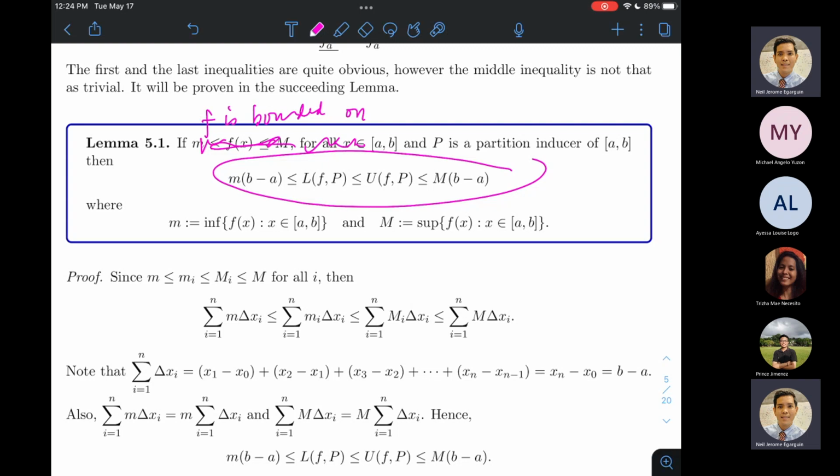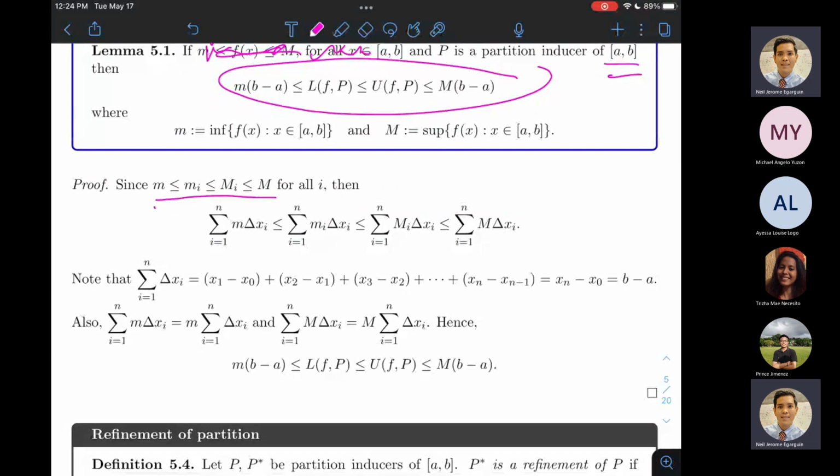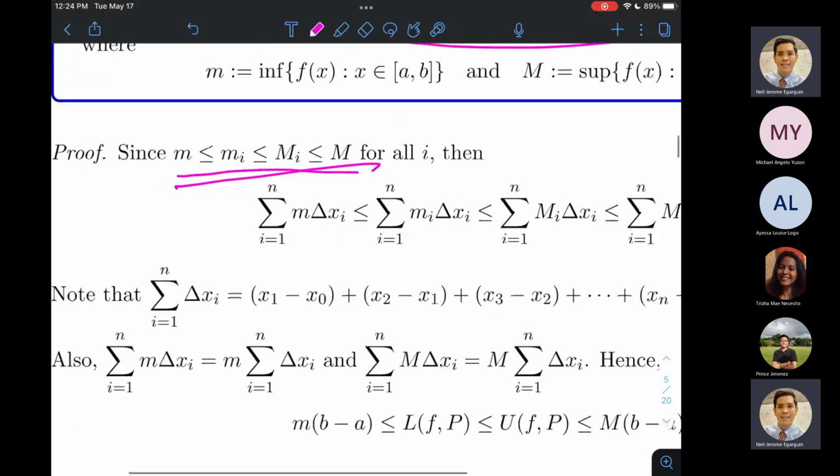Right? So, paano natin to maprove? Ang idea rito ay dapat sa kahit anong partition inducer. Okay? So now I cannot impose any specific partition inducer, so we'll work in generic terms. Pero sa bawat interval, say I sub I, of any partition induced by any partition inducer, totoo itong inequality na to. Okay? Why is it true?